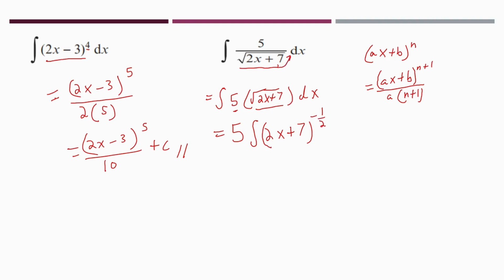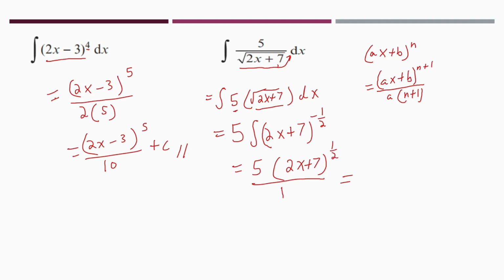Alright, so now we have to solve this. Let's try solving it. So basically 5 into (2x + 7) raised to the power of minus 1 over 2 plus 1, divided by 2 times minus 1 over 2 plus 1, is supposed to be 1 over 2. And now below, 2 into minus 1 over 2 plus 1, so this is just going to be 1, I think.